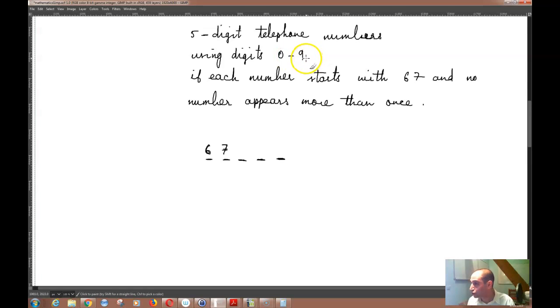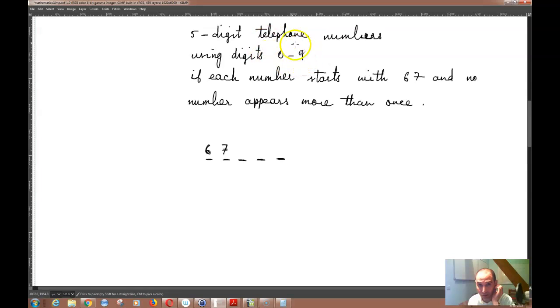That's what I'm assuming. I'm not sure if my assumption is right. But based on what I read here, that says that no number appears more than once. Then I would assume that I shouldn't use 6 or 7 anywhere in these 3 placeholders. Which means that I have 10 digits here, so I'm going to just exclude 6 and 7.